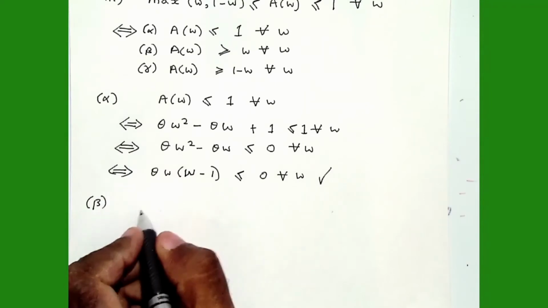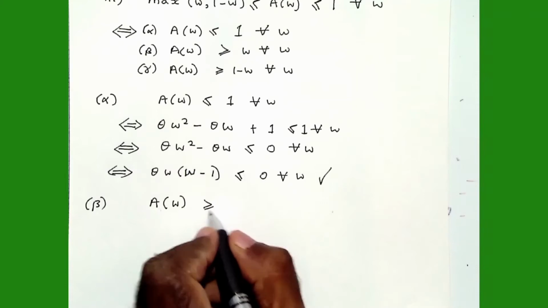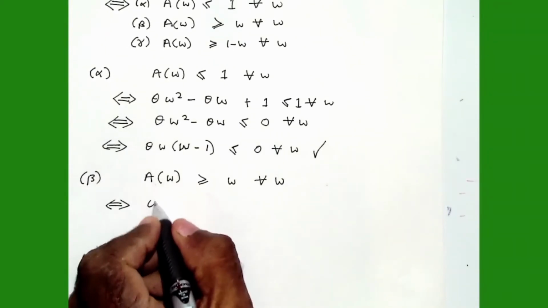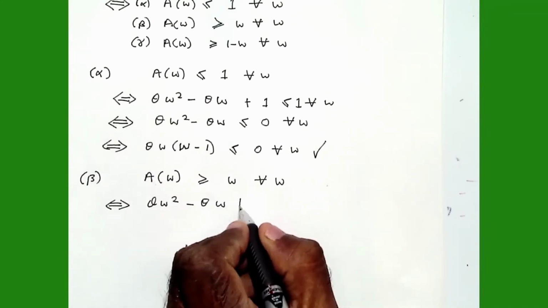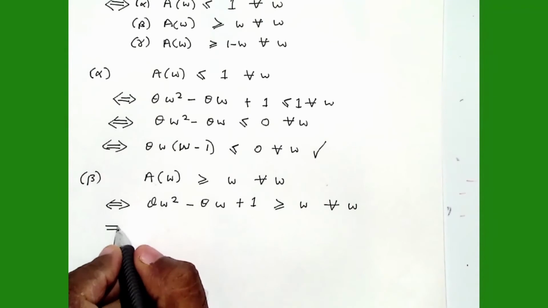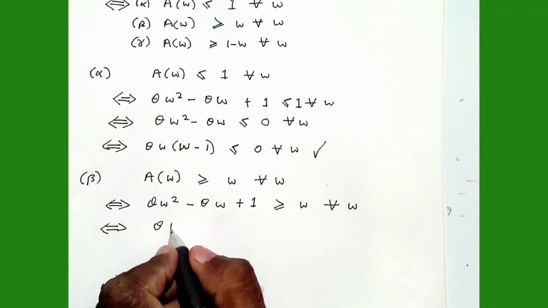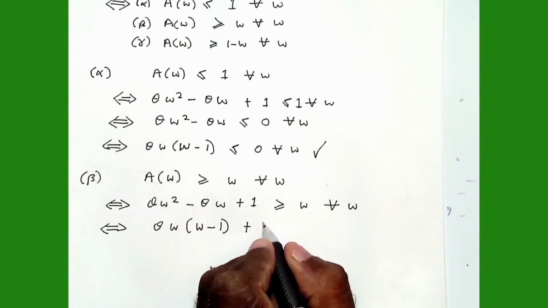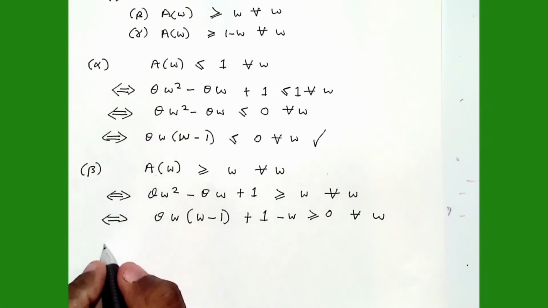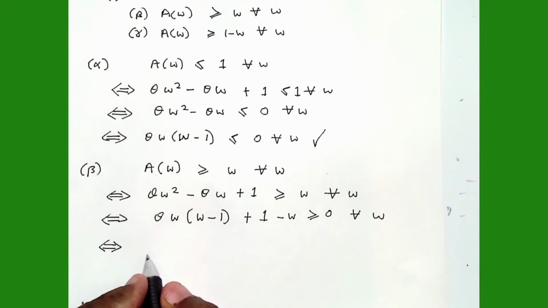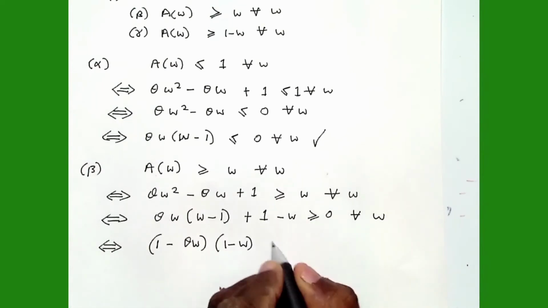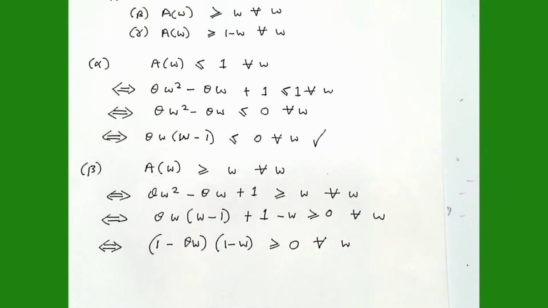Now, beta, we need to show that, okay, which is the same as, okay, and this is the same as, right, and this is the same as 1 minus theta w, and this is true.